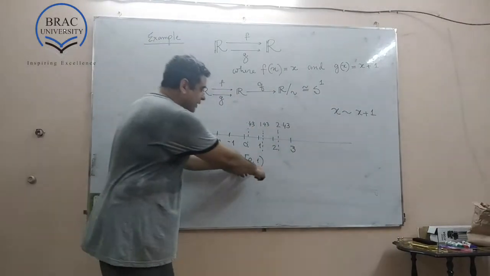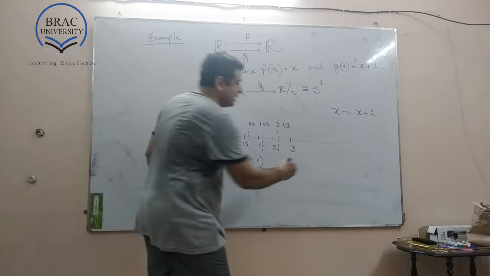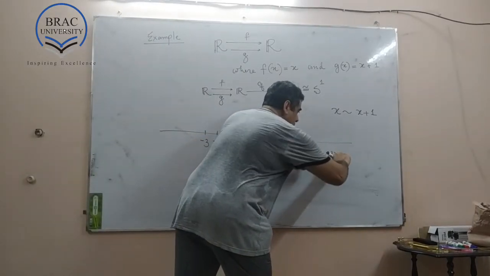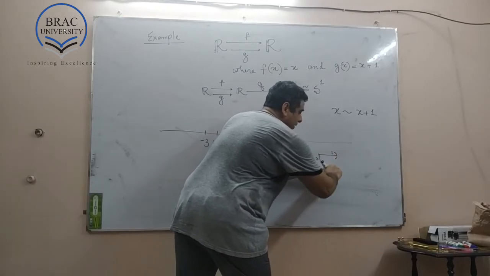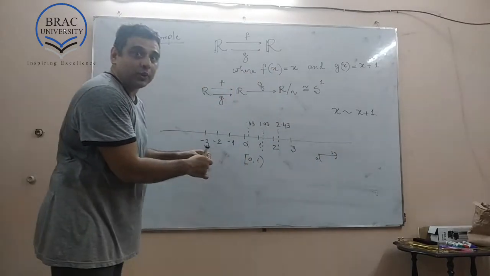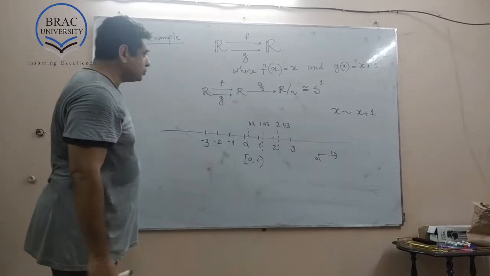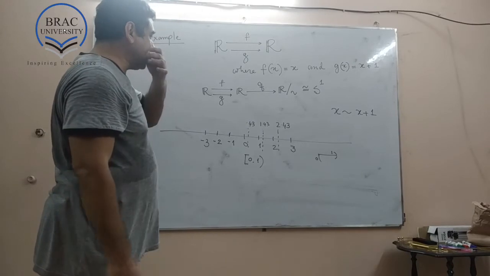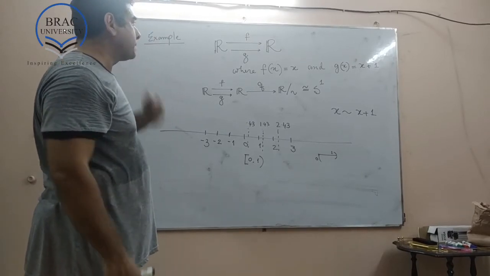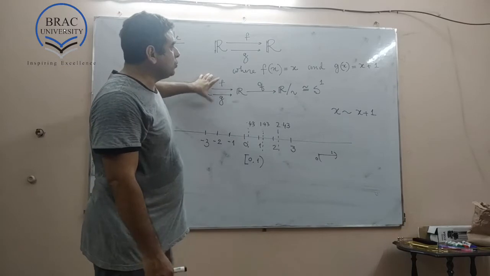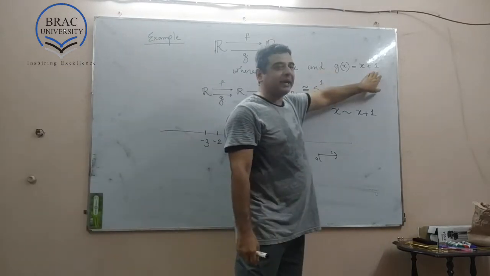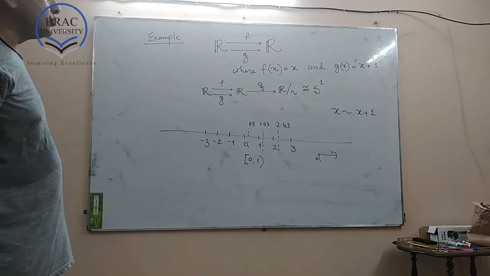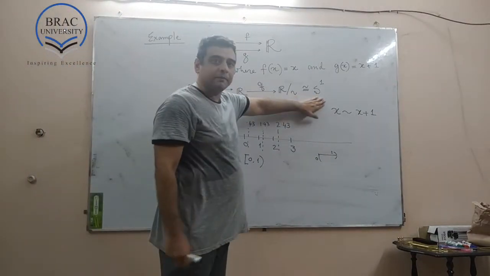When you identify the endpoints 0 and 1, meaning that you have 0 and you have 1 here which is not included, you take these 2 points and you merge them, you end up with a circle. Okay? So it tells you that the coequalizer of f and g, where f is given by x and g is given by x plus 1, is topologically equivalent to a circle.